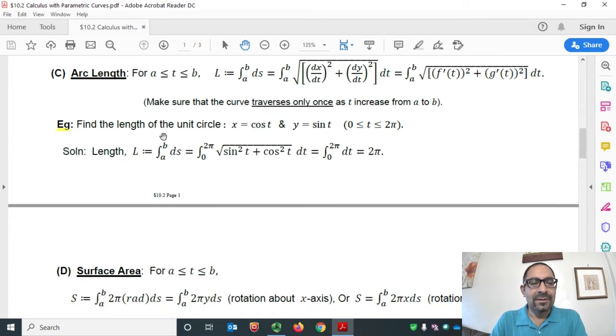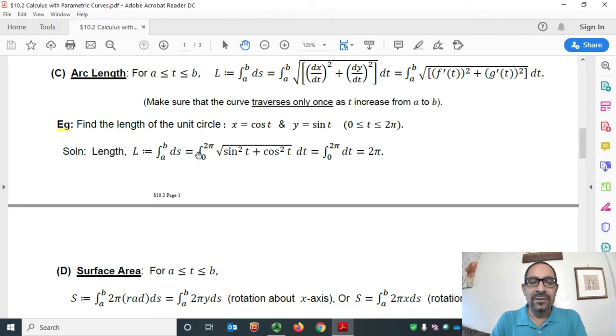Quick example. Find the length of the unit circle. And the solution is L equals, by formula, the definite integral a to b of ds. My a is 0, b is 2 pi.